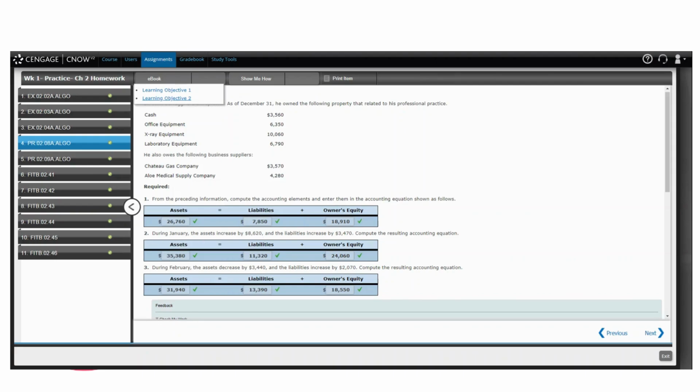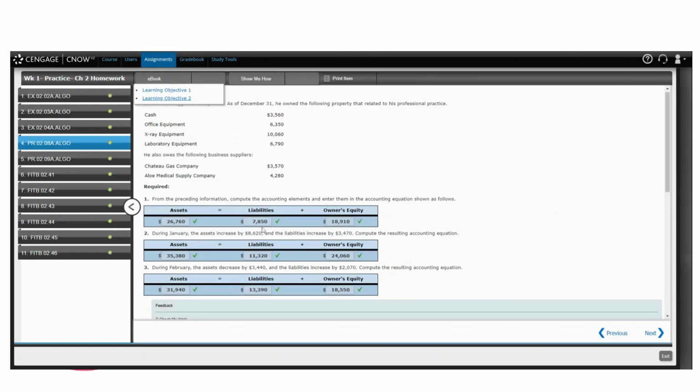The second one tells us during January, the assets increased by 8620 and the liabilities increased by 3470. Okay, so I'm going to take up here from number 1, 26,760 plus 8620 gives me my new asset amount of 35,380.